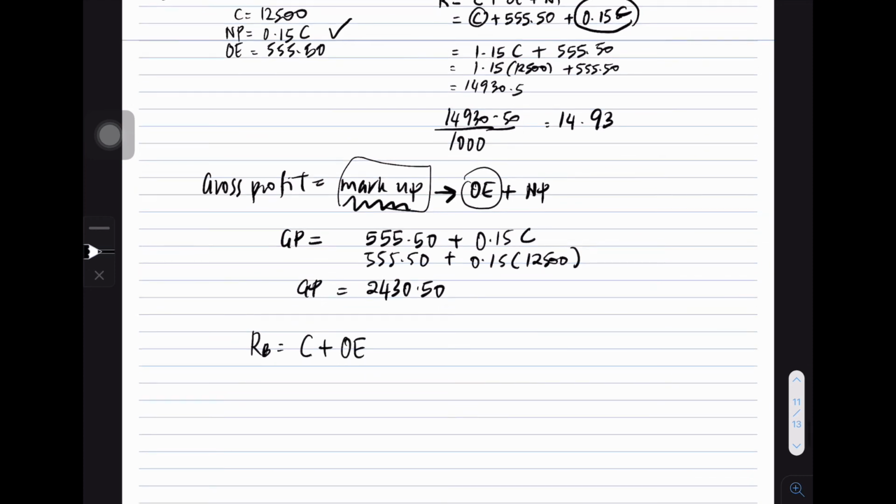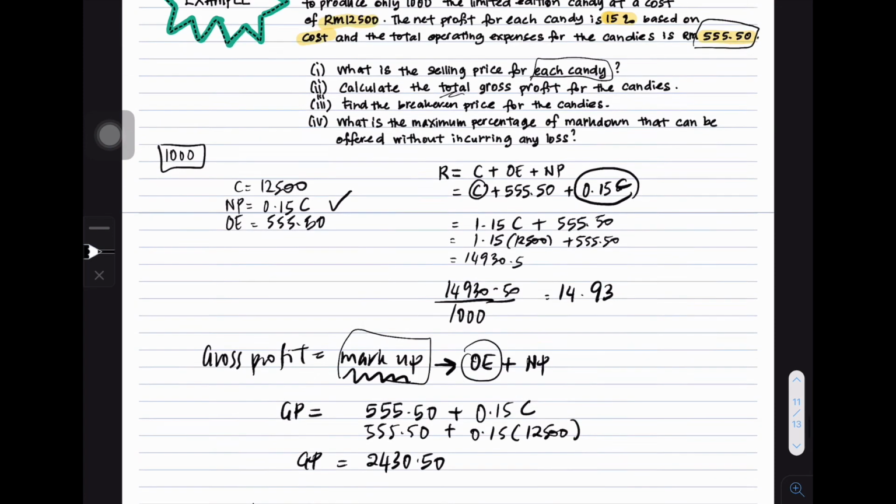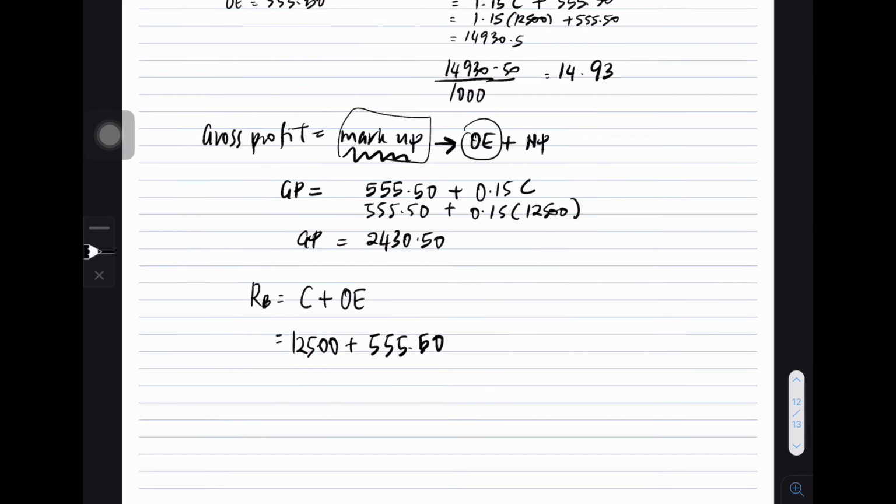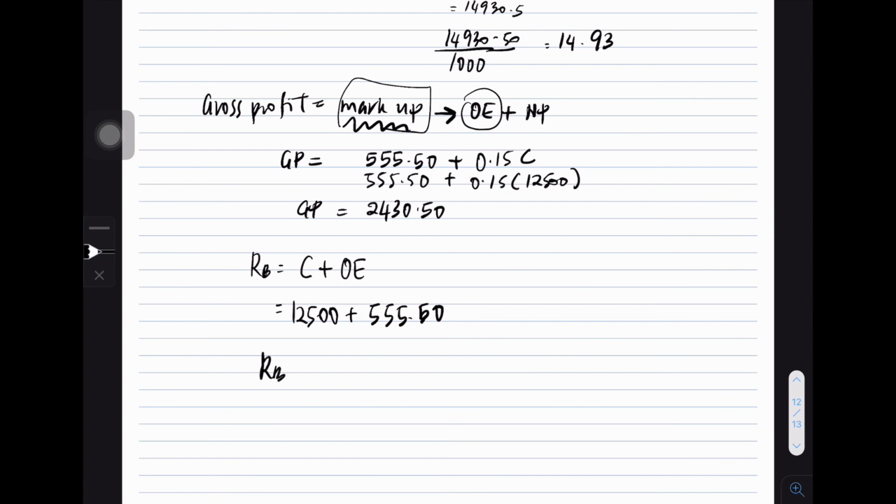Okay, so cost kita adalah 12,500 tambah dengan operating expense given to you RM555.50. Okay, so keseluruhan break-even price adalah RM13,055.50. So inilah break-even price.